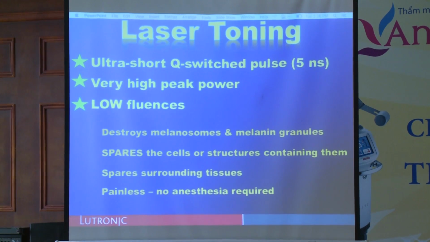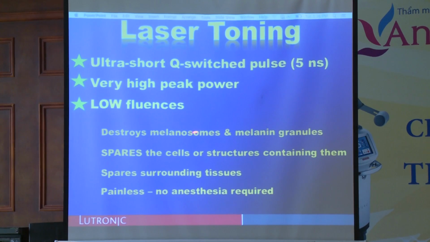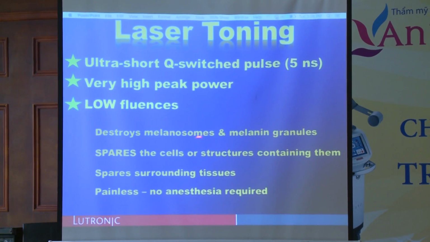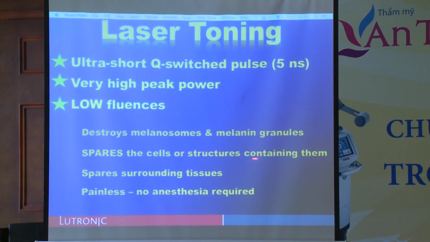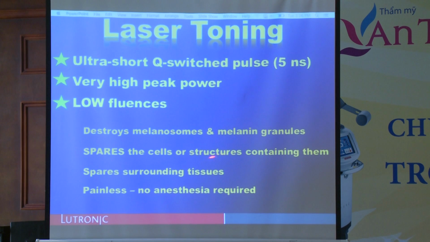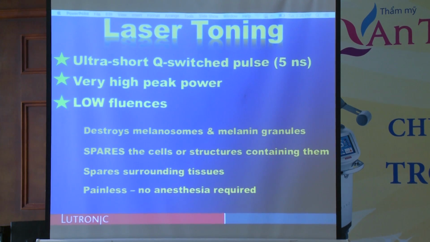To counteract that, we use very low fluences, so we do not damage normal skin. And this lets us selectively destroy melanosomes, which are little melanin packets. It spares the cells containing them, it spares surrounding tissues, and it's painless, so no anesthesia is required.